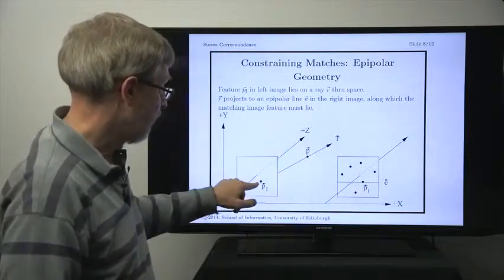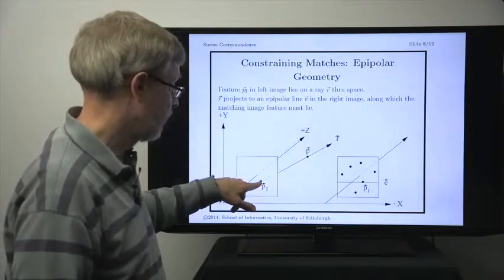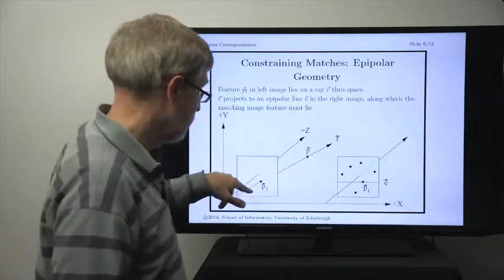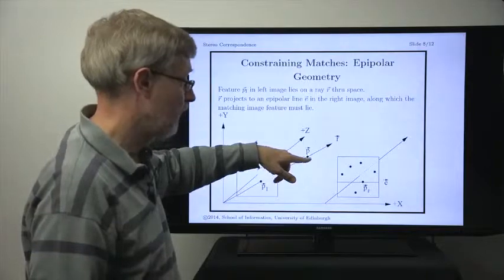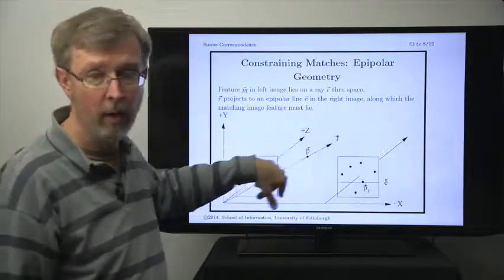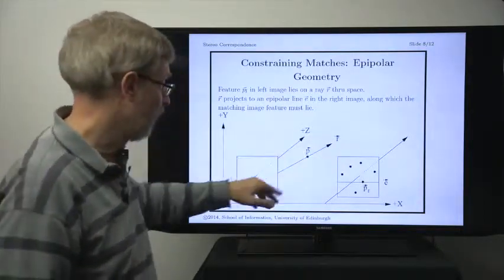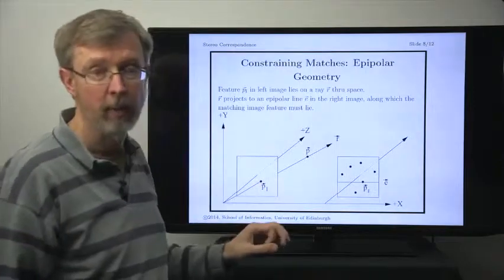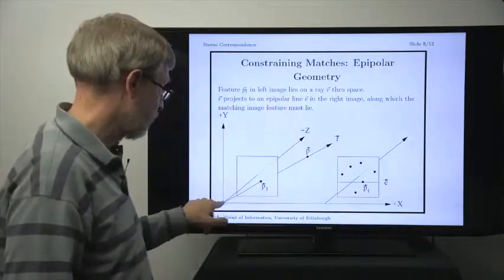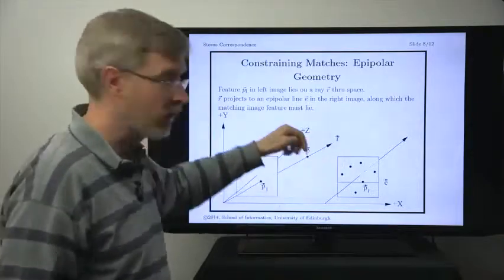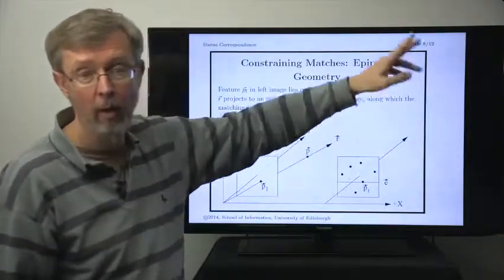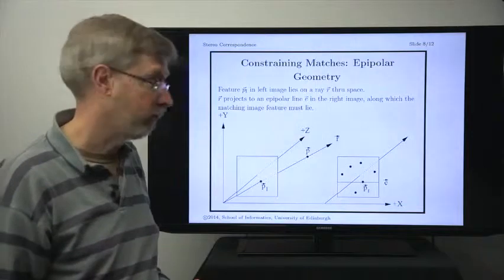I've got a feature point in my left image, and this is a projection of some 3-dimensional point, P, that lies somewhere along this ray R. I don't know exactly where, using the information just from the left camera. All I know is that the camera center and that point in the image plane define a ray, and this point P has to lie somewhere along that ray.